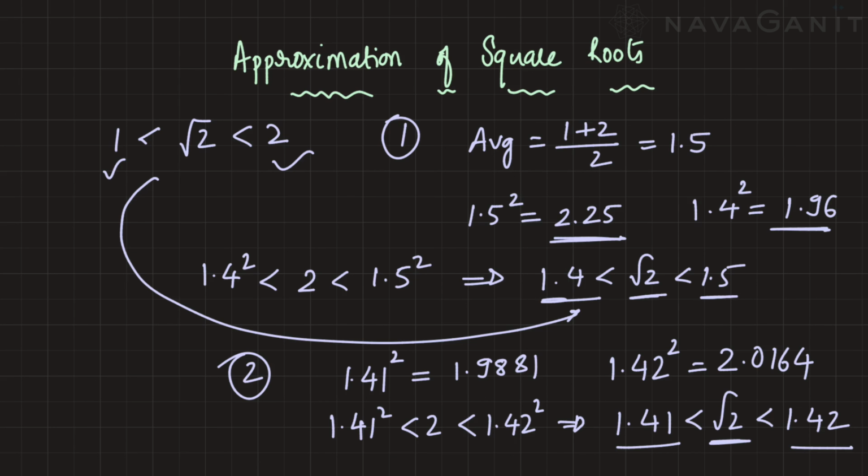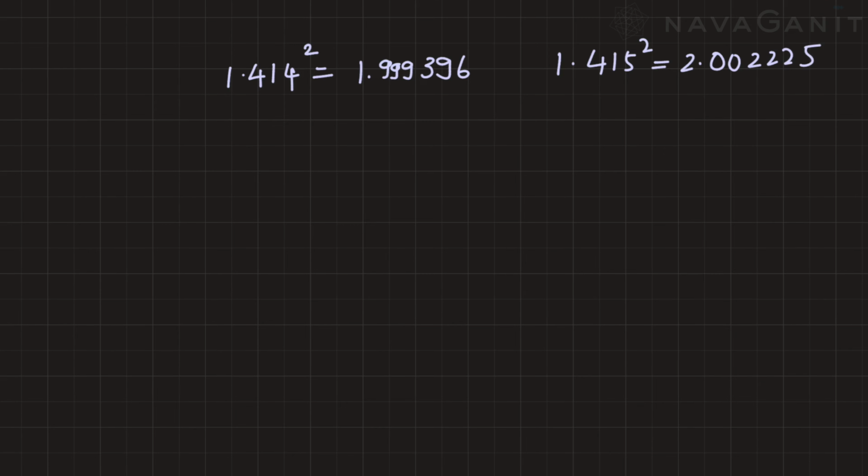Can we go further? Let's go further. Let us check with 1.414. The square of this is 1.999396. What is 1.415 squared? This is 2.002225.